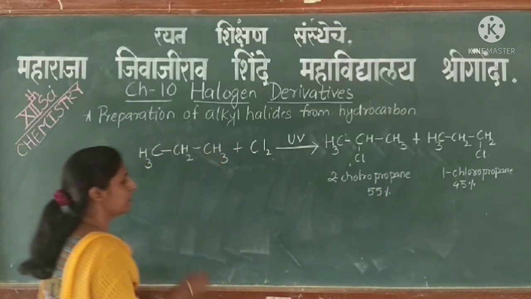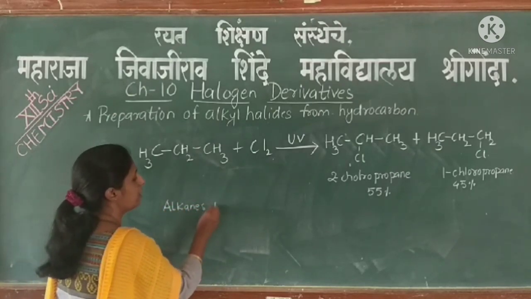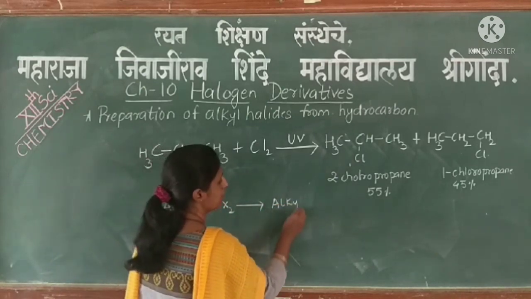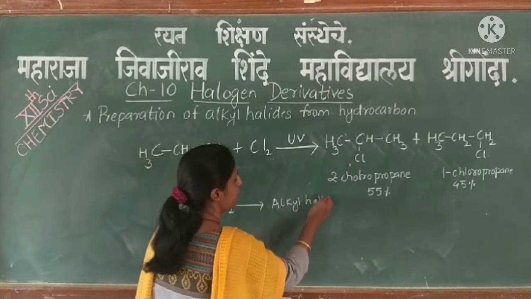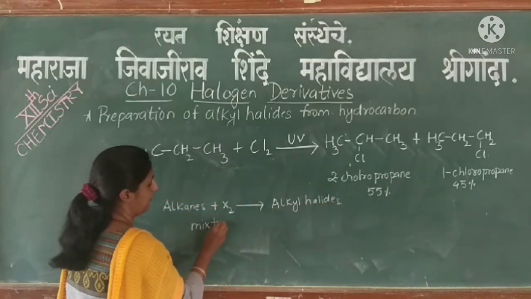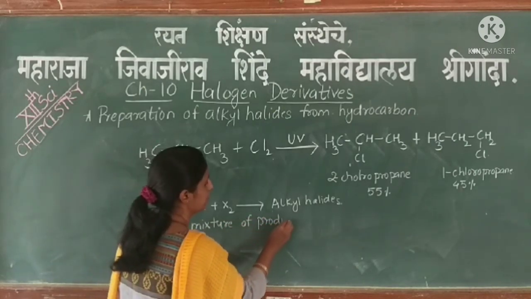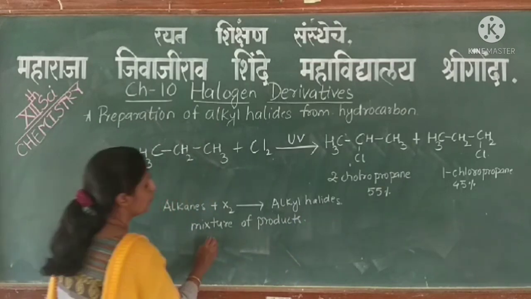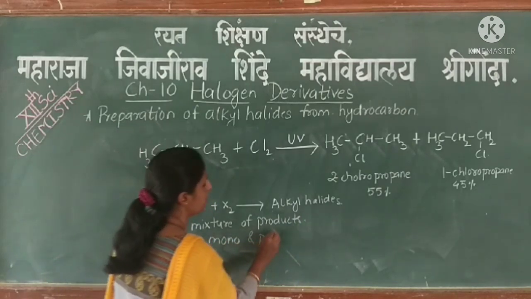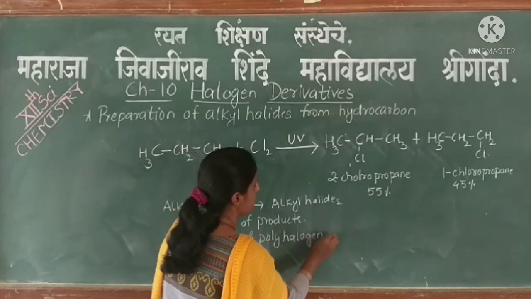So what is the disadvantage of alkanes reacting with halogens to give you alkyl halides? You get a mixture of products, both mono and polyhalogen compounds.